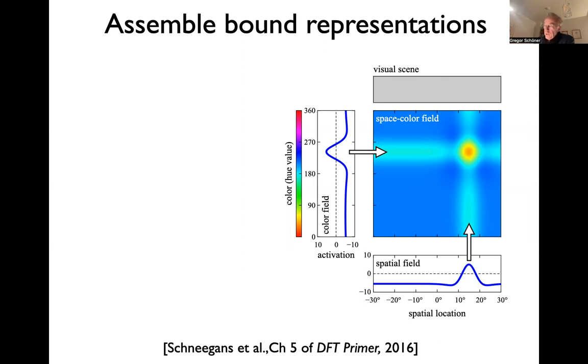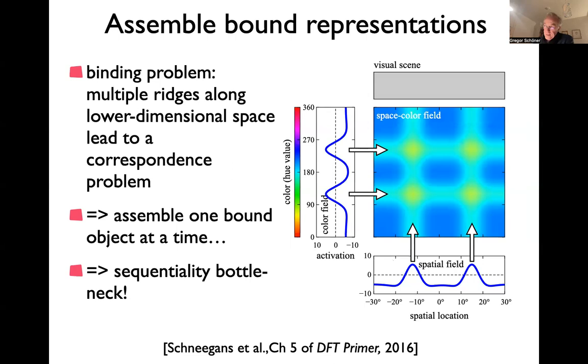This is the first instance where the binding problem arises, because you immediately see that you can't really combine feature values of more than one, I'm saying object now, more than one local maximum at a time. So here, this is the color representation of the original visual scene that I showed you with the two objects, and this is the spatial representation.